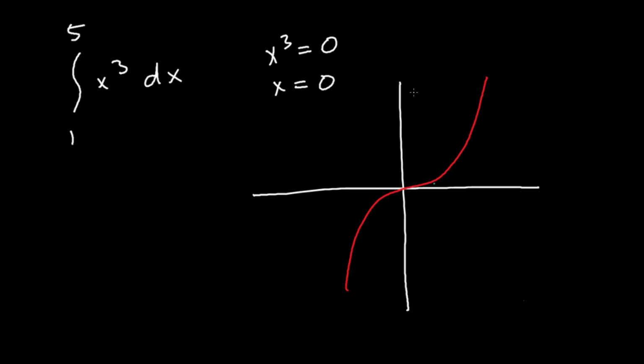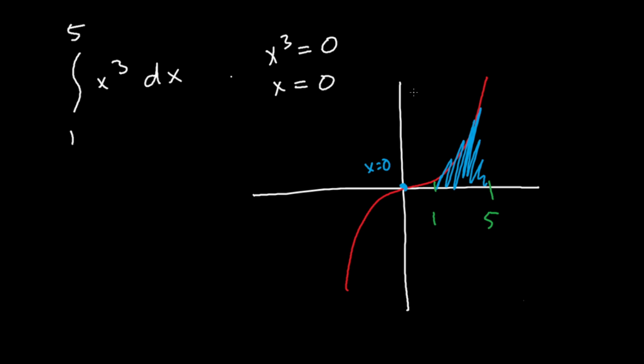So let's say for the function x cubed, with bounds 1 and 5 here, the only time this function intersects with the x-axis is at x equals 0, but we just cared about solving the integral from 1 to 5, so we wouldn't need to do any absolute value or anything like that because the areas are already positive.